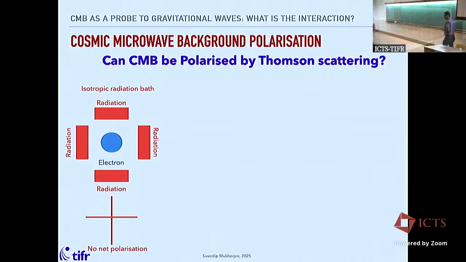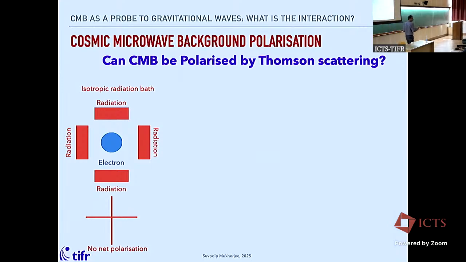The question now is how would I like to detect polarization in the cosmic microwave background? So if I make a first statement that the CMB is a perfect black body, how many of you think there can be polarization imprints?